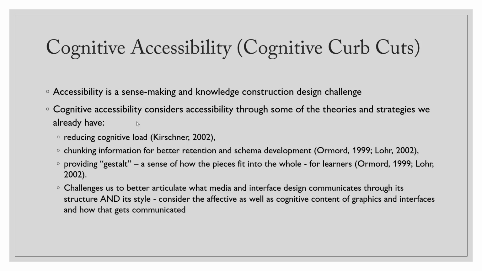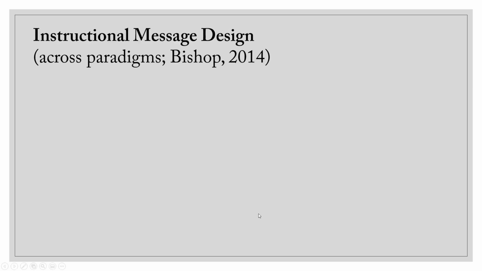It also challenges us to better articulate what media and interface design communicates through its structure and its style, and to consider the affective as well as cognitive content of graphics and interfaces and how that gets communicated. I'll talk through some examples of this in action as we go here.